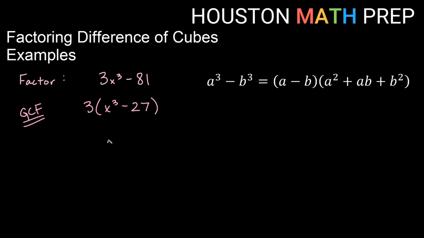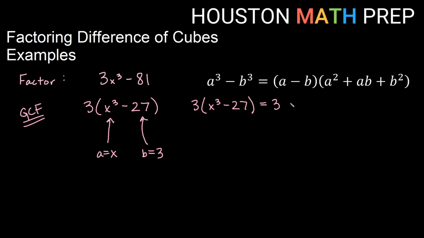So then looking in here and seeing what cubed gives me x cubed, well, a is going to be x in this scenario. What cubed will give me 27? 3 cubed will give me 27, so x and 3 are what we will use in our formula. I'm going to go ahead and keep my 3 out front already factored. And we will use the rest of the space to do our difference of cubes stuff here.